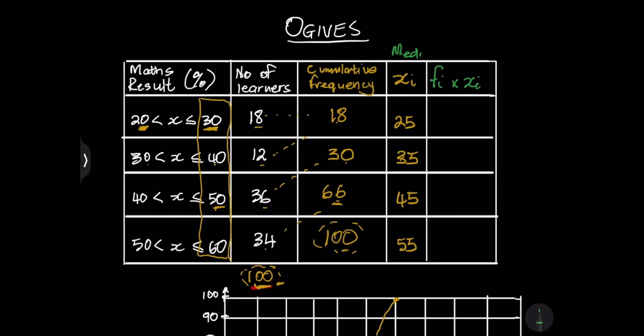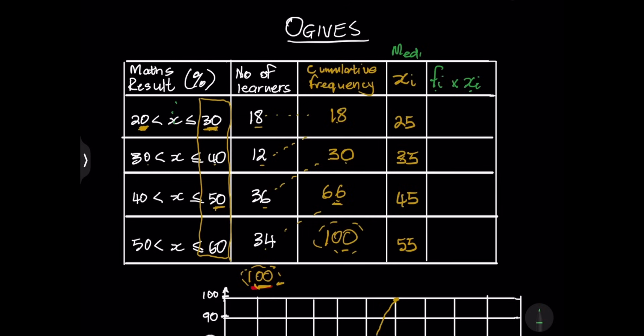Let's take the product of the two. That's the value I'm trying to say, midpoint, but I keep messing it up and saying median. The midpoint, right?